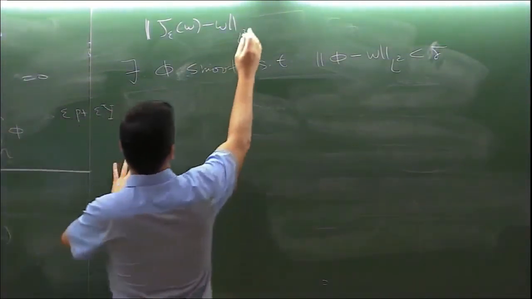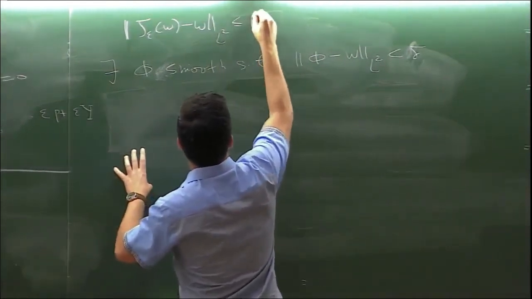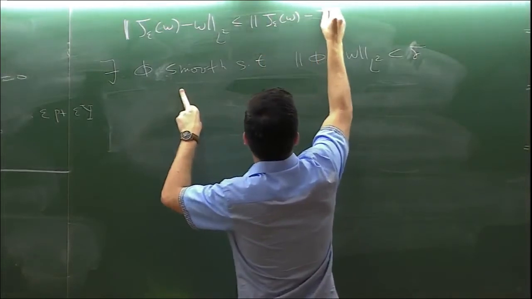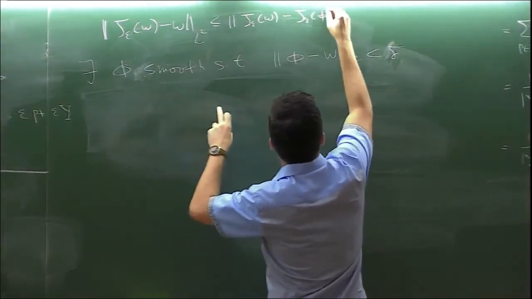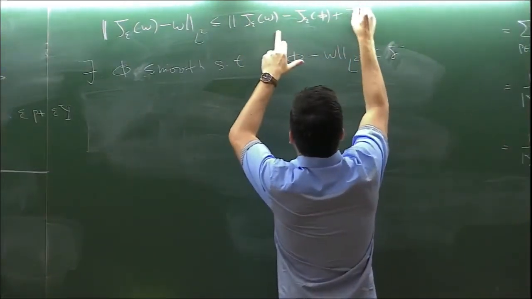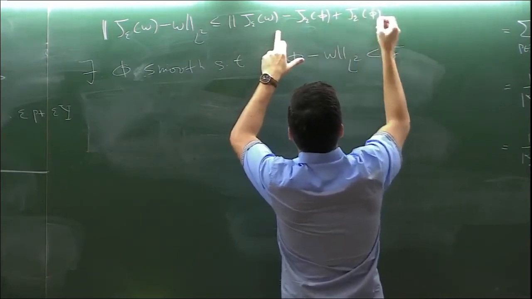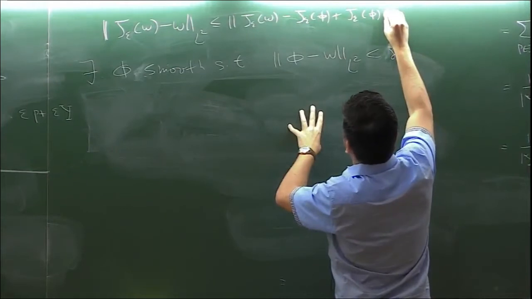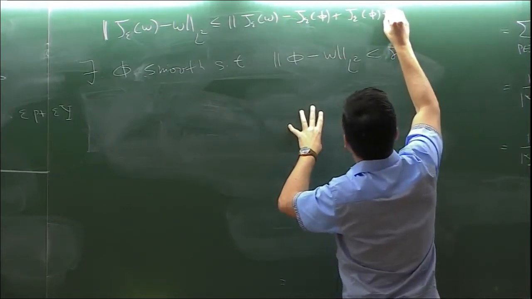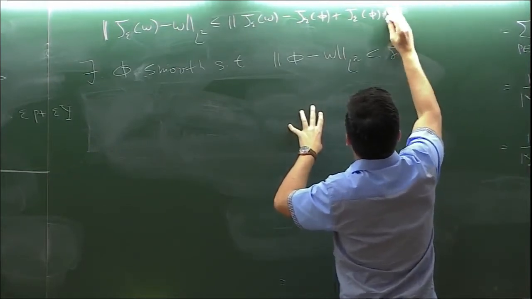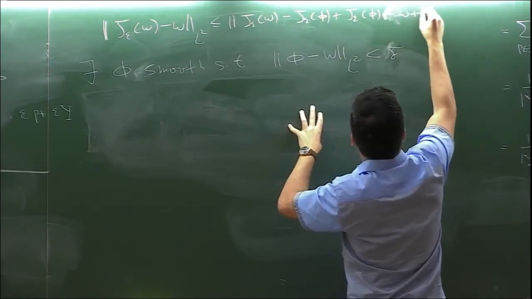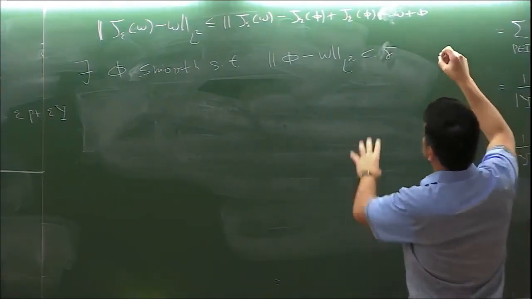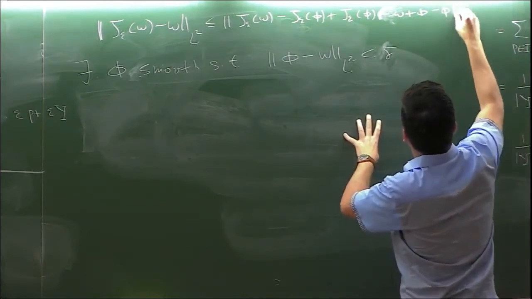And now I'm doing the triangle inequality. Here is the usual trick, forcing phi into the business: minus T epsilon of phi plus T epsilon of phi, and plus phi minus phi. Let's look at it like that.